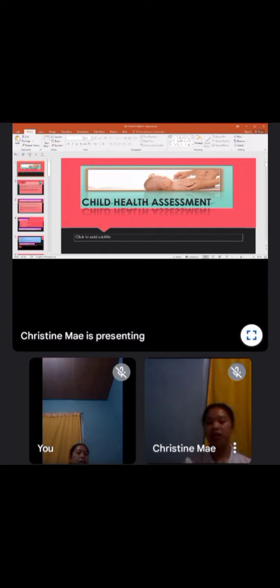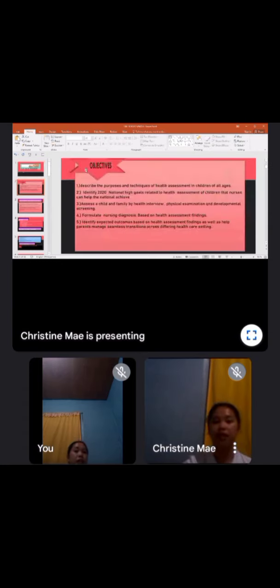As well as the physical, psychological, and social functions, it also involves any considerations of whether preventive health treatment and education. So naay five objectives of child health assessment. First is describe the purposes and techniques of health assessment in children of all ages.